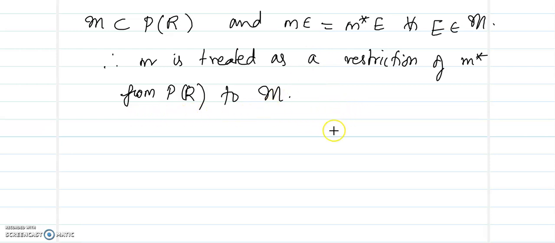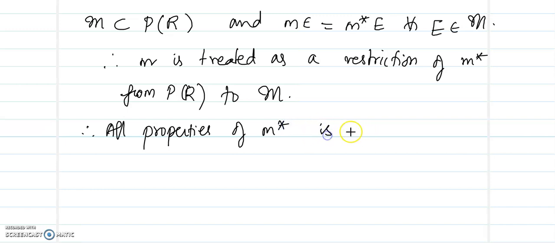So since it is a restriction of m star, all the properties satisfied by m star on measurable sets will also be satisfied by the Lebesgue measure m.